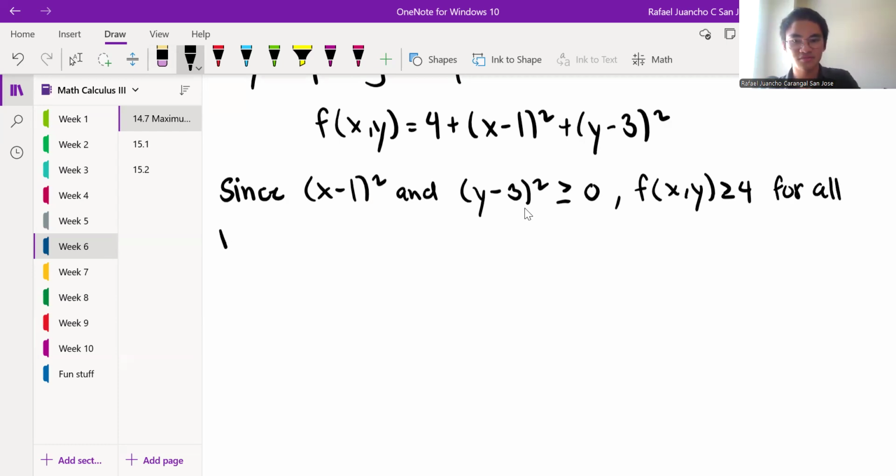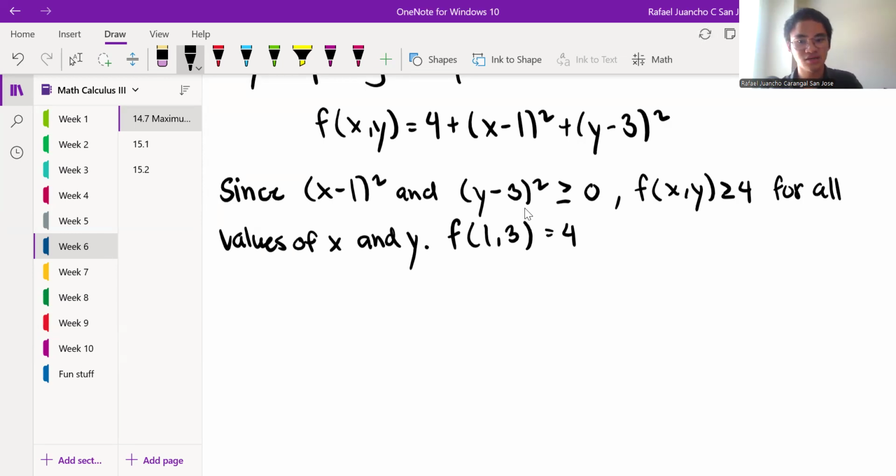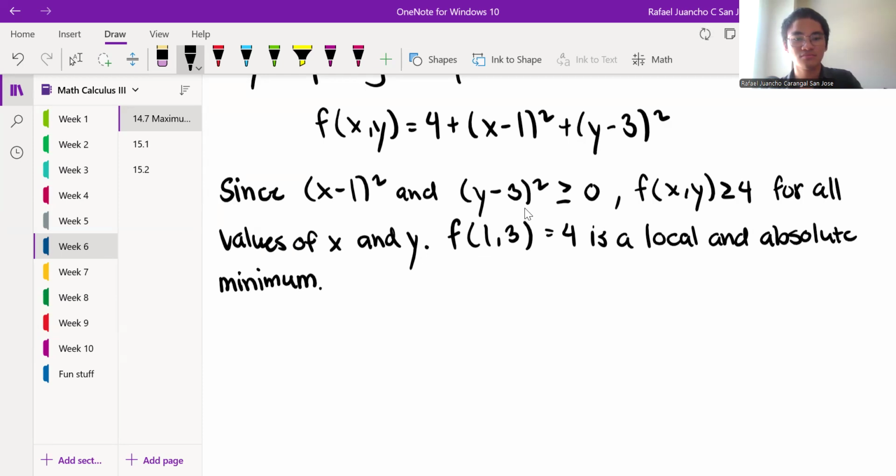And this applies to all values of x and y. Then my function that's equal to 4 is a local minimum. That's also an absolute, right?